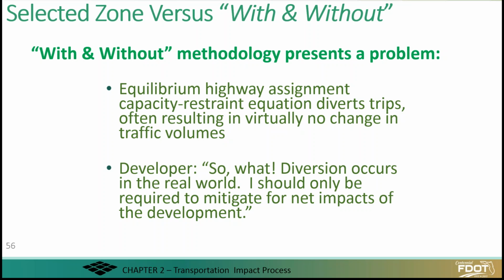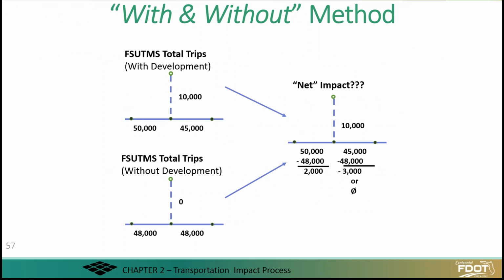And oftentimes the response to this may be, so what, diversion occurs in the real world, and I should only be responsible to mitigate the net impacts of the development. So after all the congestion has been rooted out by the model, after the model has found an optimal solution, only then should I be held responsible for anything that might be left over.